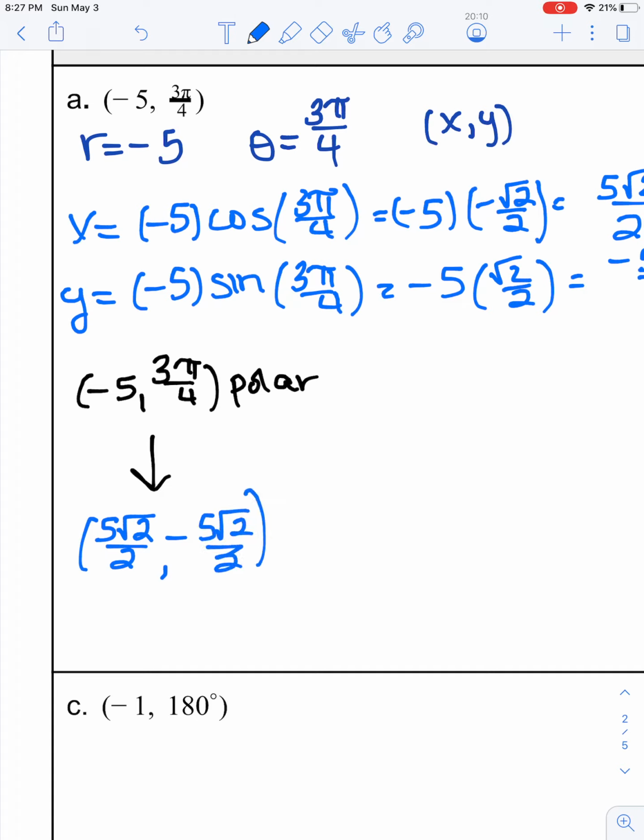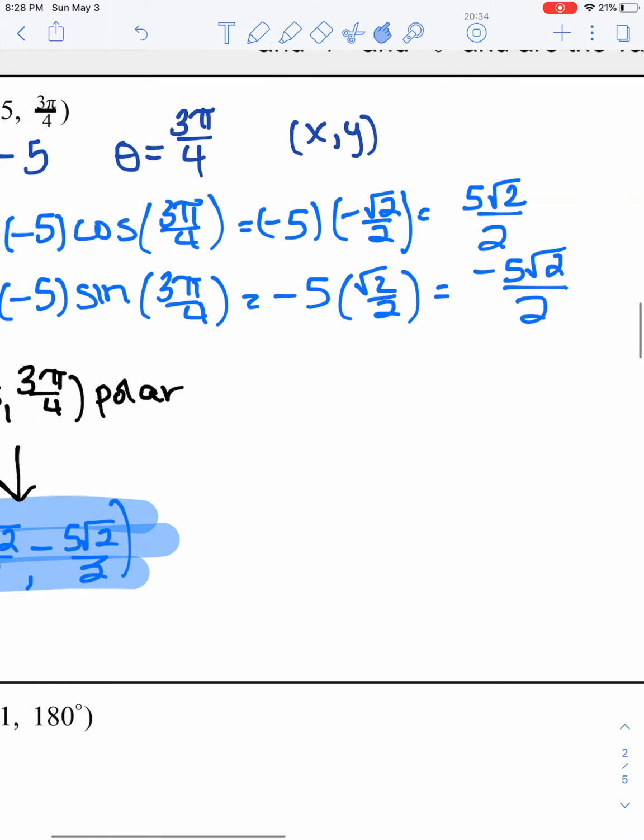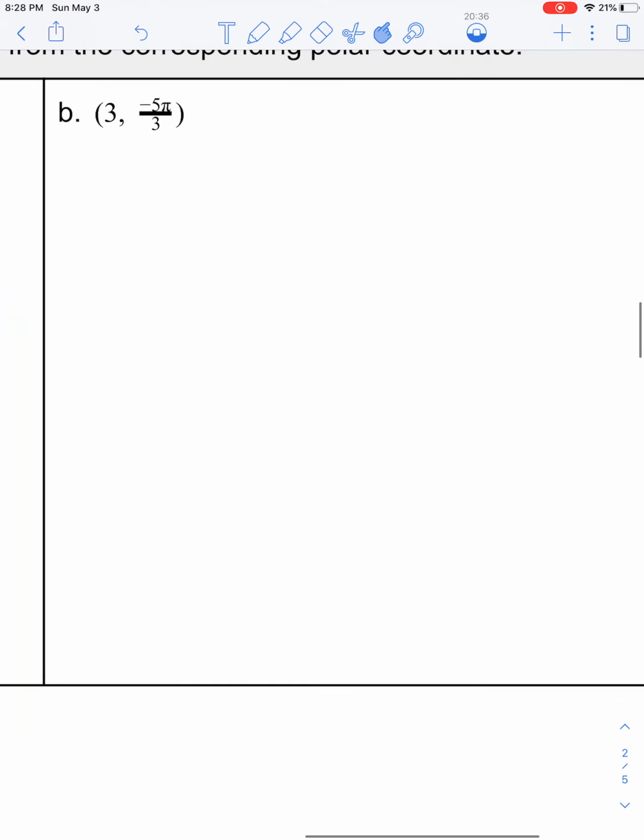Okay, so this is the corresponding rectangular coordinate for the polar coordinate -5, 3 pi over 4. Oops, that doesn't look so good. I'll fix that. Okay, so again, this is our final answer, our rectangular coordinate corresponding with that polar coordinate. All right, example B.